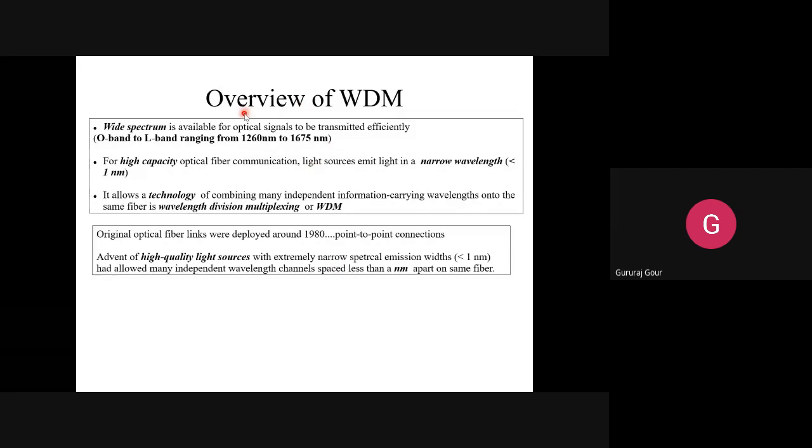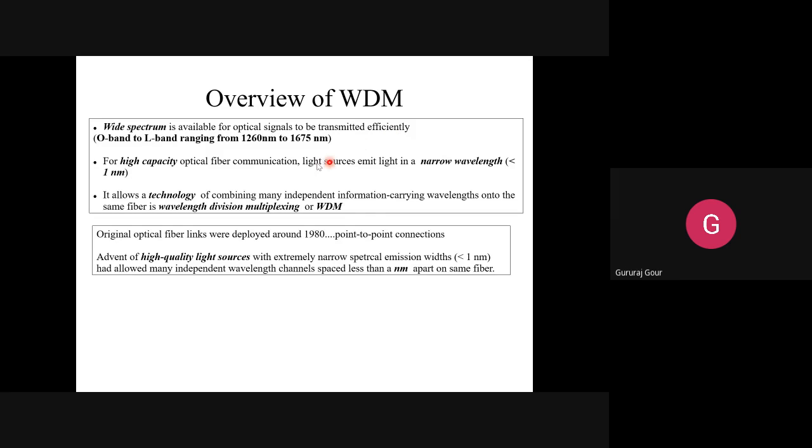So the first point today is how we are going to elaborate this WDM concept. WDM concept means how we are able to define it correctly and how we are going to explain it with some notable points.